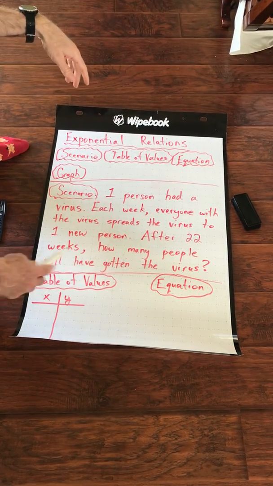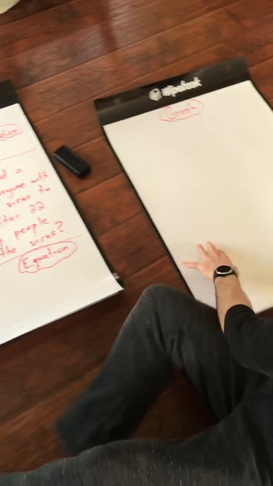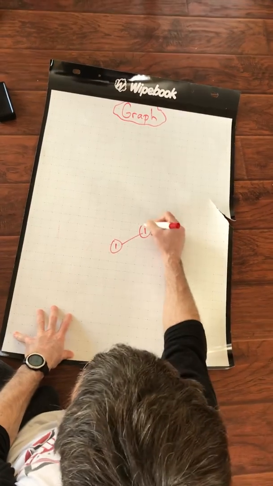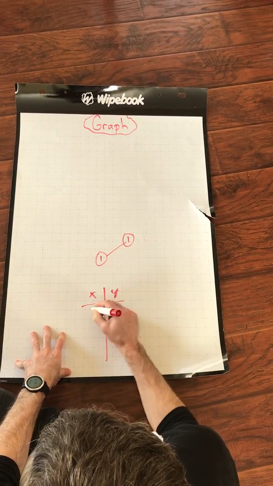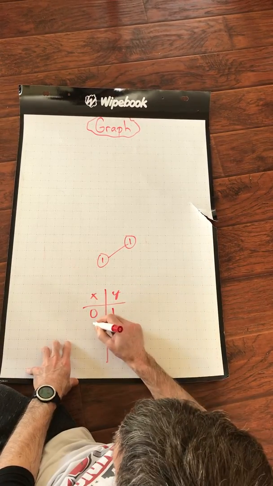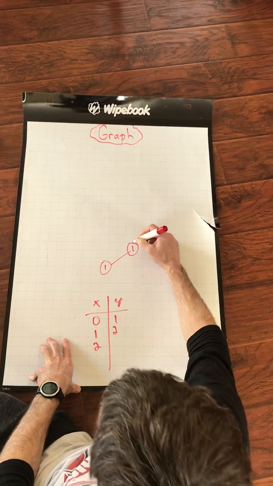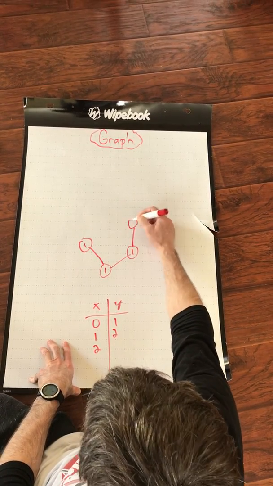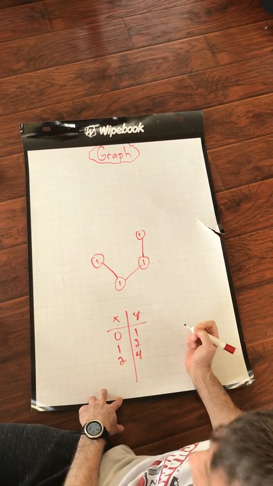So if there's one person, for example, let's go over here. If one person has it, and after 1 week they spread it to one other person, well now, one person started with it. After 1 week, two people should have it. After another week, each one of these people spreads it to one person. If you notice, that doubles it. So it's times 2. Now you should have 4 people.